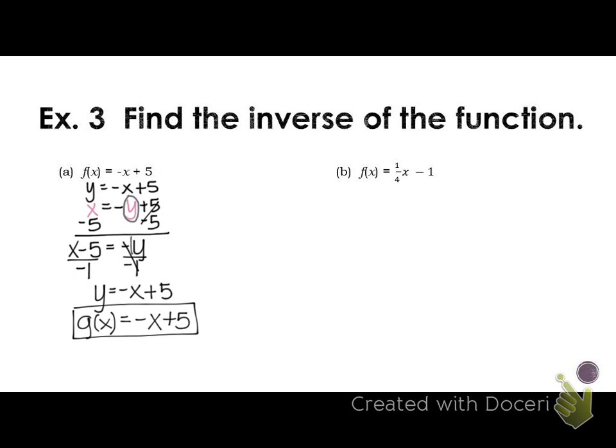We're supposed to change what first? F of x to y, so y equals 1/4 x minus 1. Then we're supposed to switch. So again, the y becomes an x. We bring down the equals 1/4. The x becomes a y, and we bring down the minus 1. All right, what is our next step?